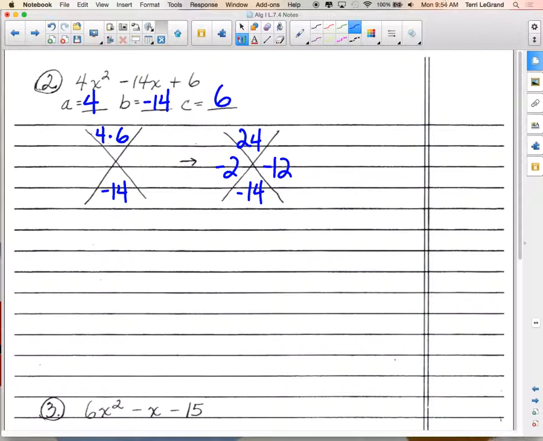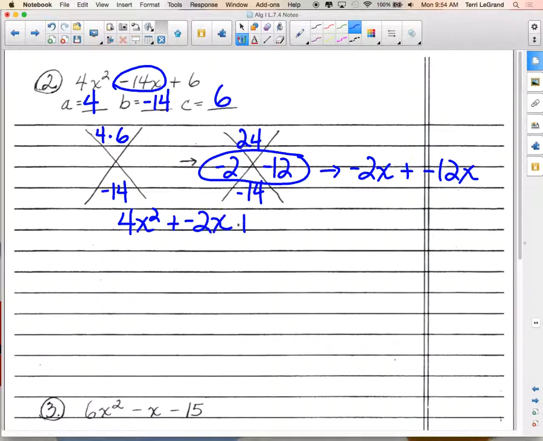So maybe the thing to do is circle those and off to the side say that is now negative 2x plus negative 12x. That's really what we're going to do with those. They are going to replace our negative 14x in the middle. So we're going to rename our trinomial as a 4-term polynomial and factor by grouping.